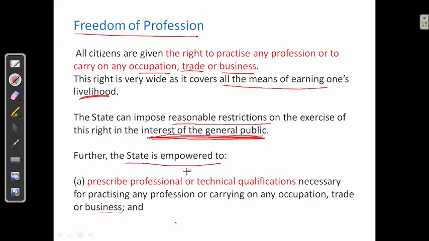Further, the state is empowered to prescribe professional or technical qualifications necessary for practicing any profession or carrying on any occupation, trade or business.